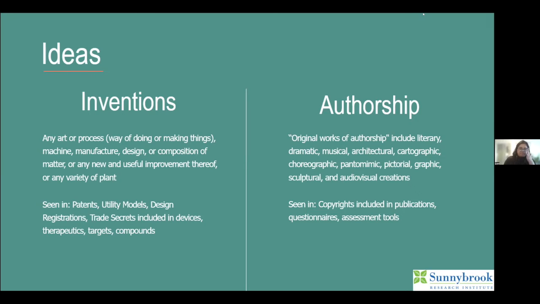Given that there are a number of formats that you can look at, Sunnybrook, of course, has quite a mixture of these formats. I will say that we have licensed patents, of course, but we have also licensed trade secrets or know-how associated with that trade secret. So one can work with the different formats as well.